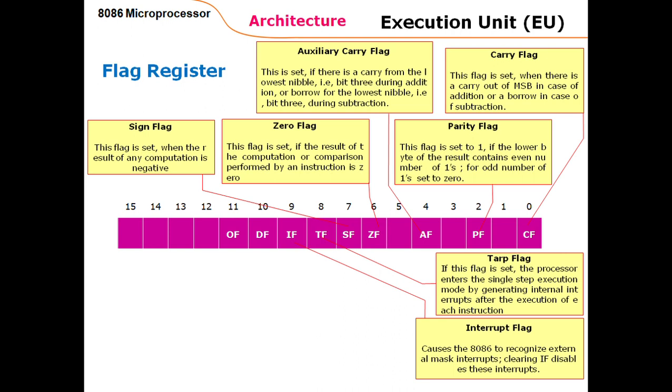The interrupt flag can be used to allow external interrupts, or to block them. For example, if interrupt flag is enabled, the microprocessor would be able to receive interrupts. If interrupt flag is set to 0, then interrupts are disabled.